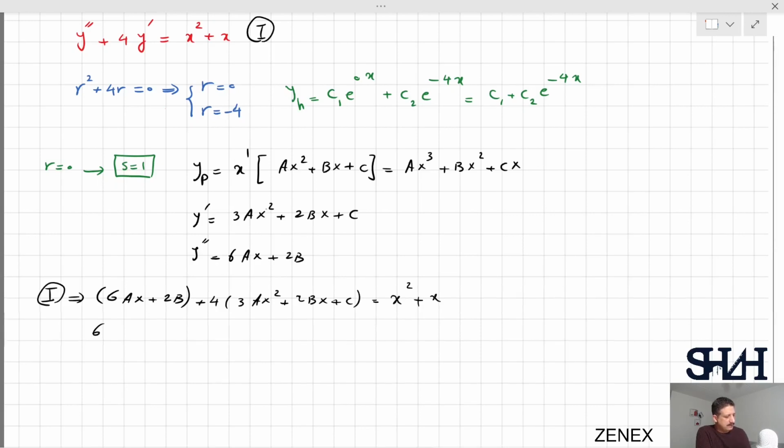So it will be 6ax plus 2b plus 12ax² plus 8bx plus 4c equals x² plus x.